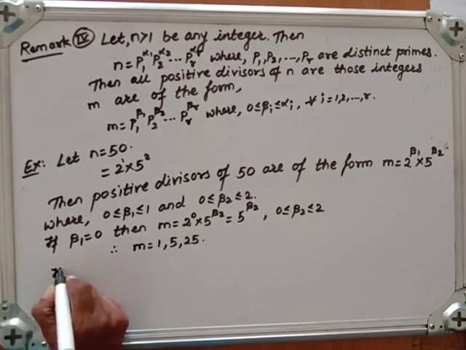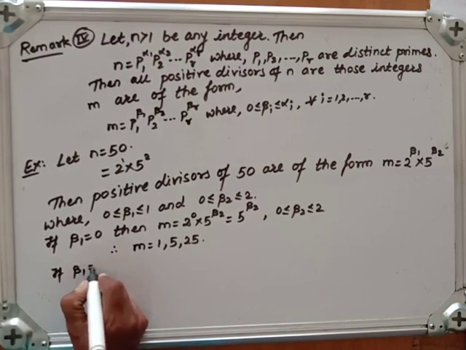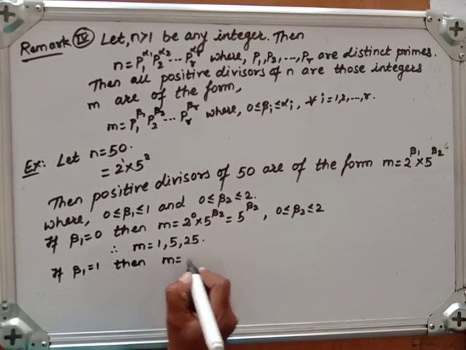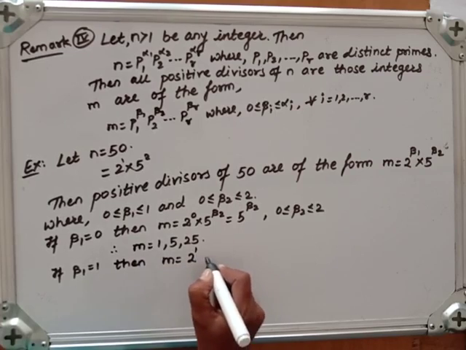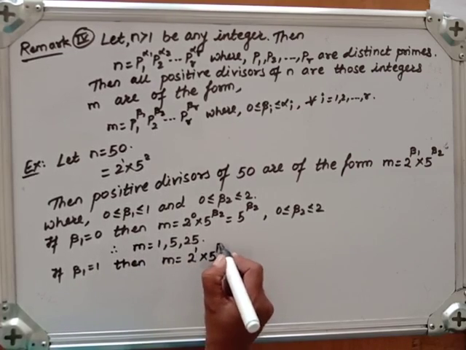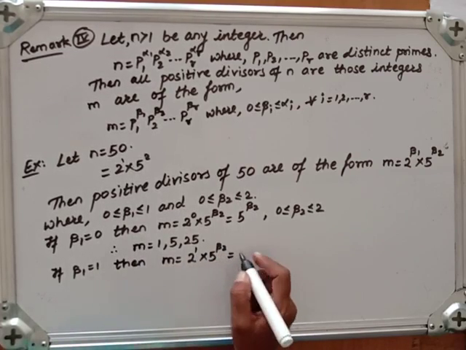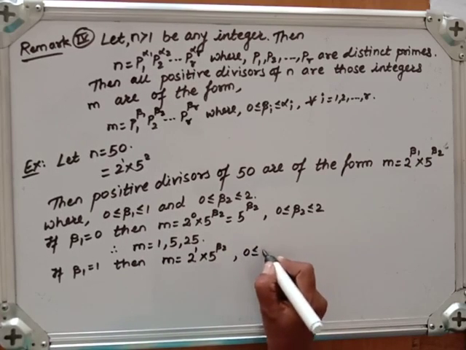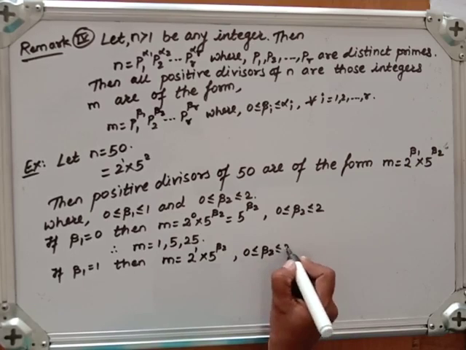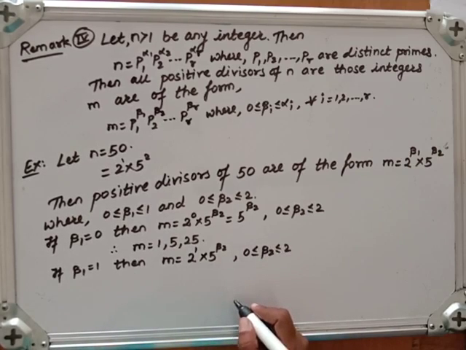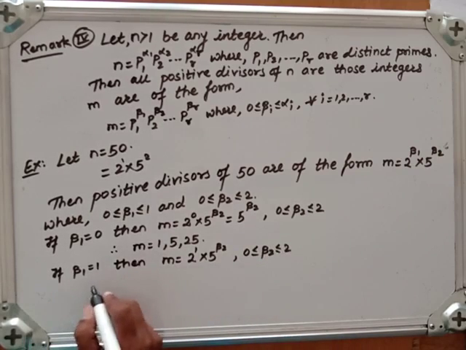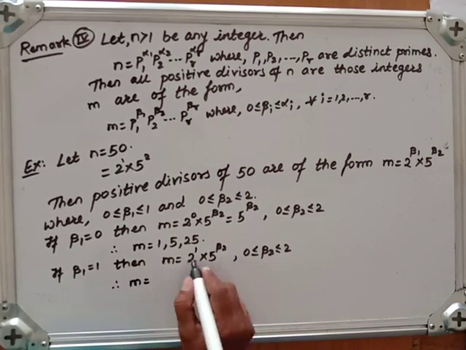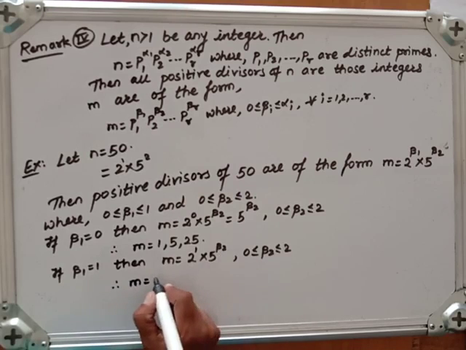Again if beta 1 is equal to 1, then m equal to 2 raised to 1 into 5 raised to beta 2. Again, the range of beta 2 is the same. So if beta 2 is 0, then m is 2.